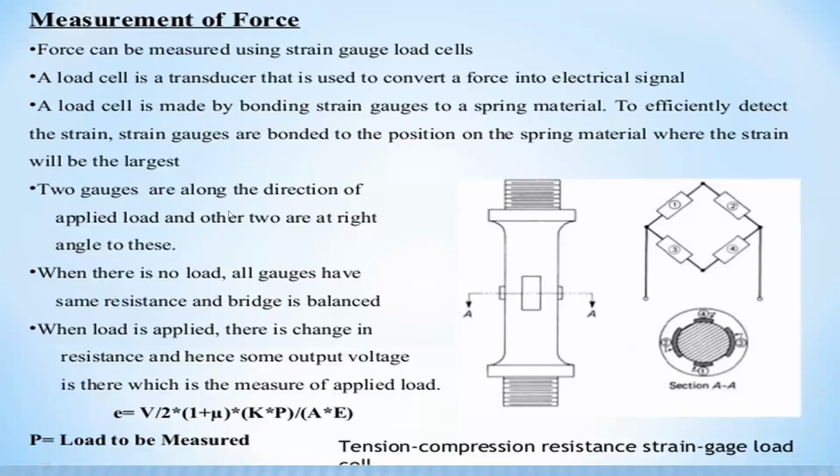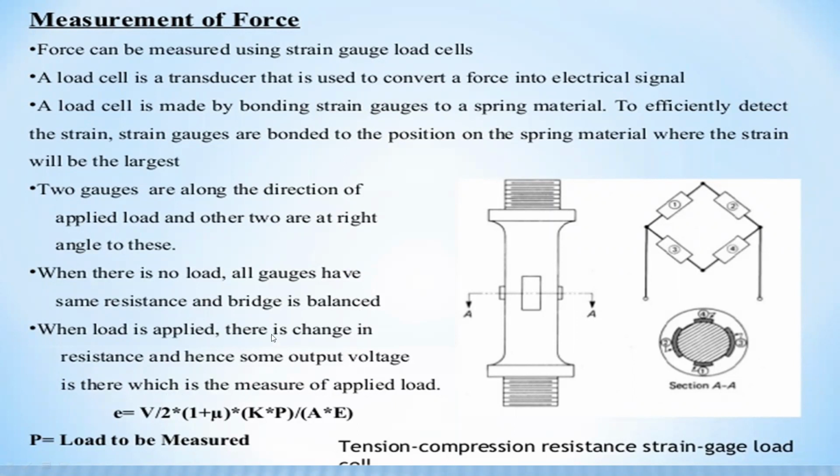Next, two gauges are along the direction of applied load and the other two are at right angles to this. Where there is no load, all gauges have the same resistance and the bridge is balanced. When load is applied, there is a change in resistance and hence some output voltage, which is measured.